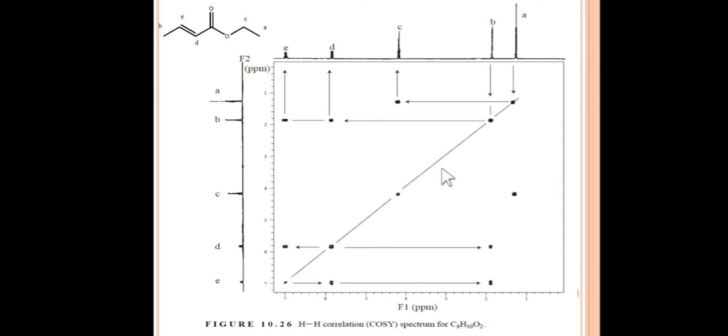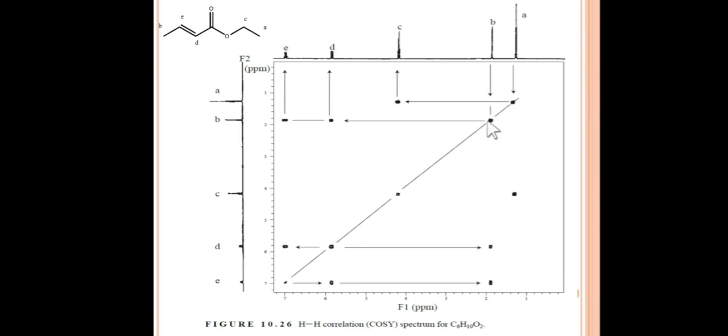Now what we need to do? We need to see the diagonal first and then the off-diagonal peaks. So this is the A proton. You can see this is a CH3 over here. So friends, let's correlate the off-diagonal peak with this peak. We have only one dot over here, and it corresponds to the proton C. That means A is coupling with C and no other protons.